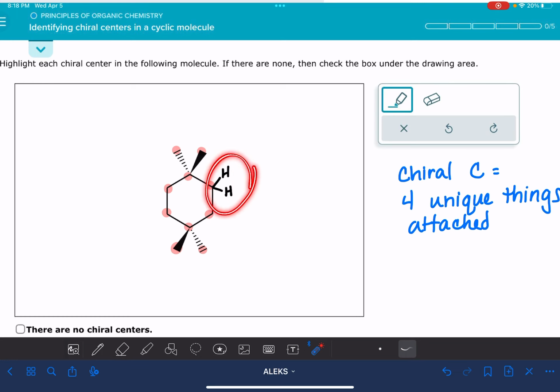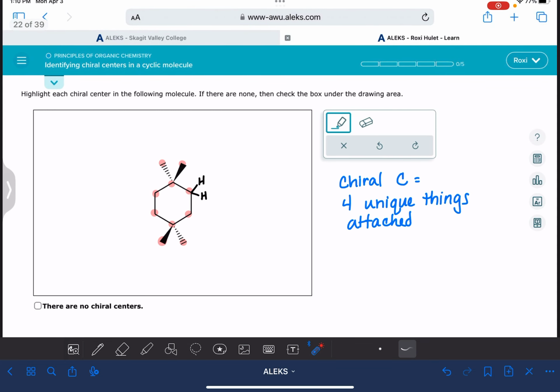This carbon has 2 hydrogen atoms attached. Therefore, it does not have 4 unique things. It's got 2 identical things. It looks like it only has 3 unique things. It has this bond, and a bond to hydrogen. And so that particular carbon atom is not chiral.